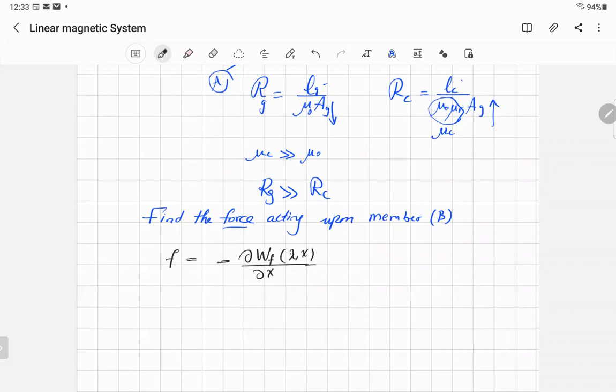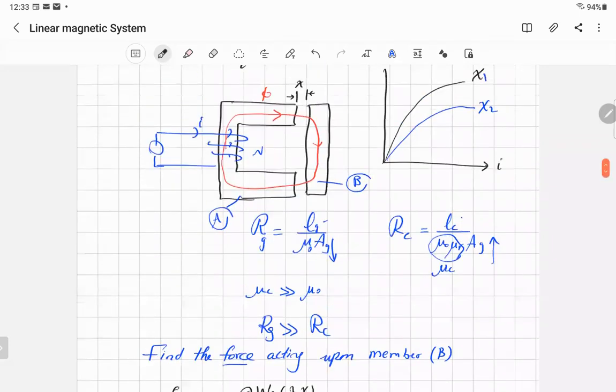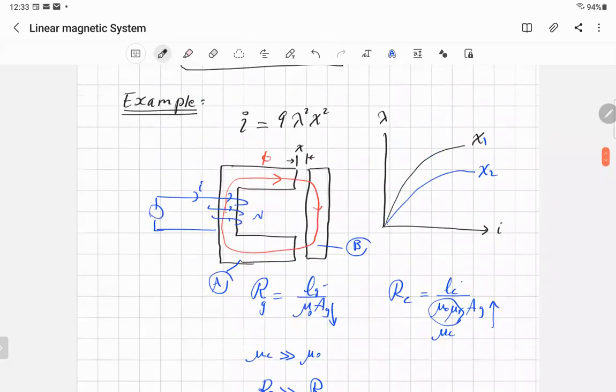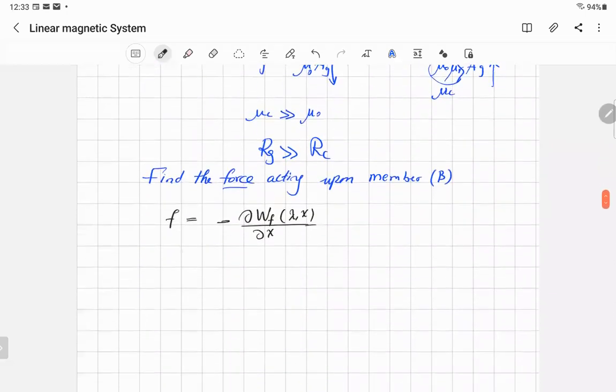All right. So first, I have to find lambda. In this example I was given I equal to 9 lambda squared x squared. That's the relation they found when they did the experiment.